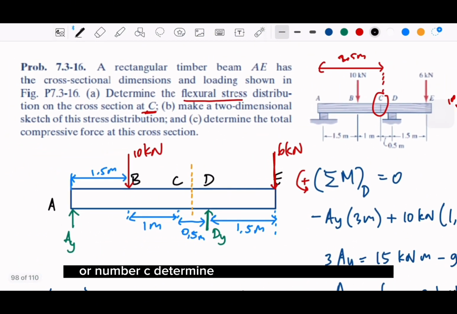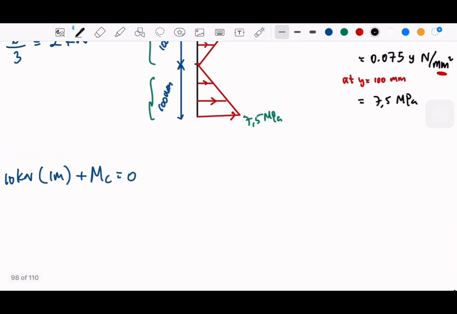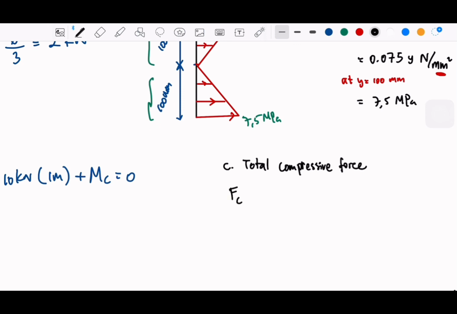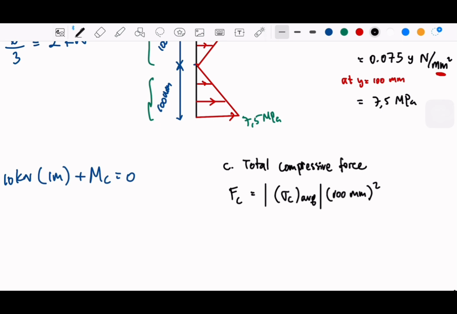For number C, determine the total compressive force. Total compressive force is going to be equal to the compressive average magnitude multiplied with 100 millimeter squared.